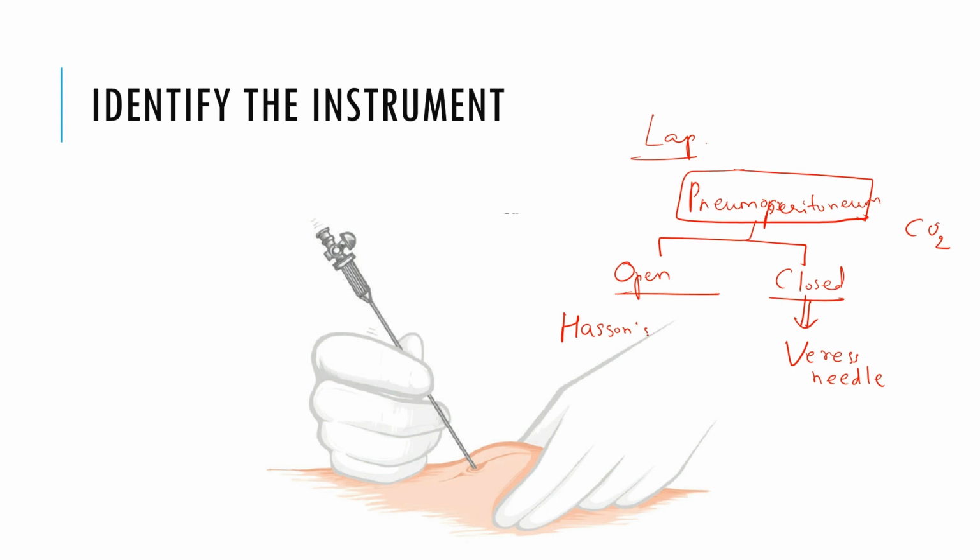That instrument's name is Hassan's cannula. So your Hassan's method is usually the open method, or you can directly open the abdominal cavity with an incision. So that is your direct incision technique. Then this instrument is your Veress needle.